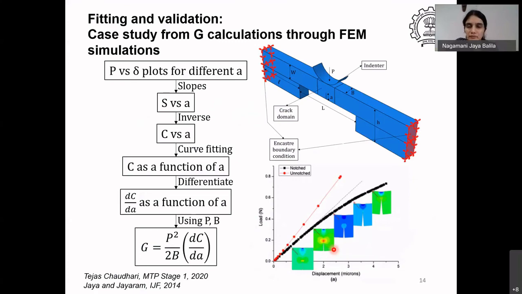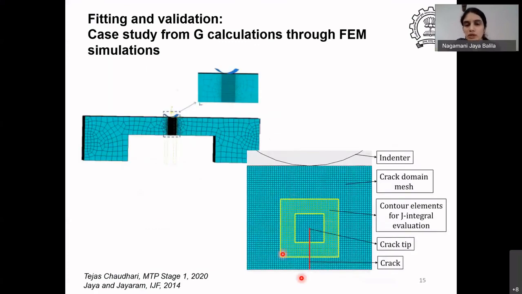So we want to look at the several contours around this crack tip, where we are going to calculate what is called G, the value on the left hand side.